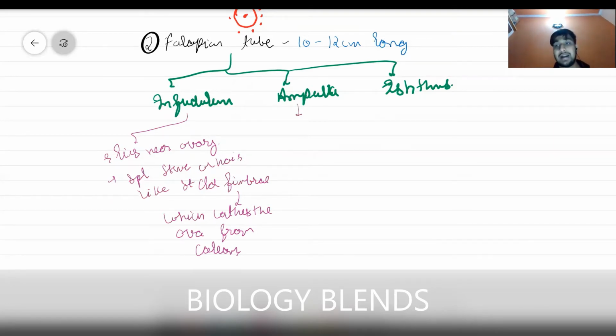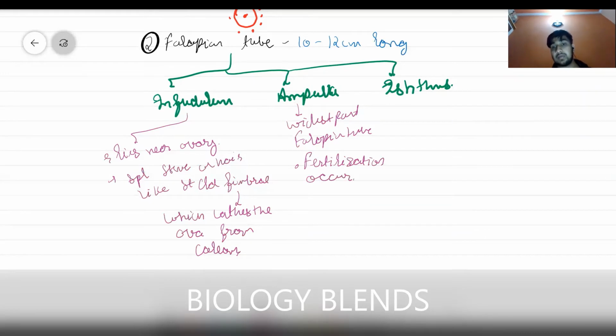Ampulla is the widest part of the fallopian tube, and fertilization occurs here. Isthmus is connected to the uterus.